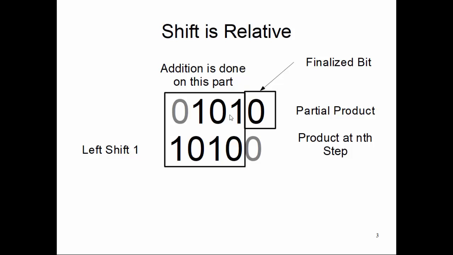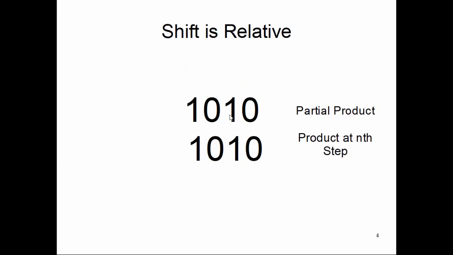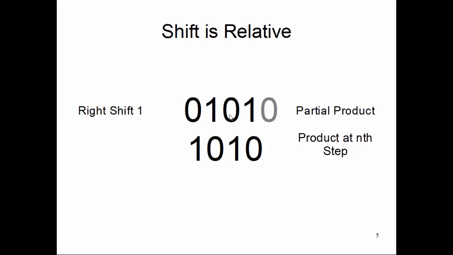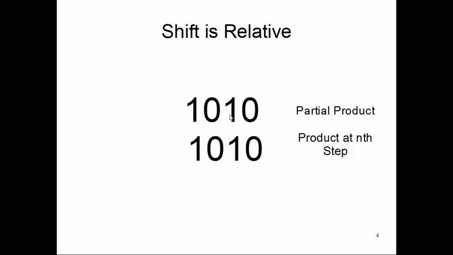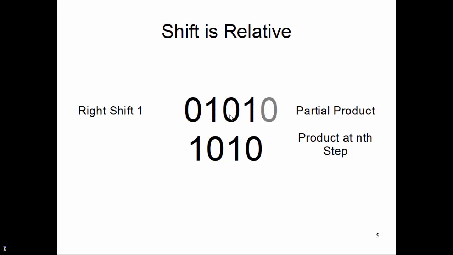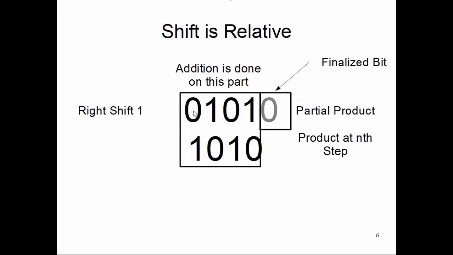So we are kind of doing a 4-bit multiplication, but we are trying to keep the addition as a 4-bit addition, not an 8-bit addition. If we can do it for 4-bit, then we can apply it for 32-bit as well. In that case, we don't need to do a 64-bit addition. A 32-bit addition should be enough. So what we are trying to do here now is: we get a partial product, we shift to the right, finalize the bit, and add the 4 bits for the next partial product.